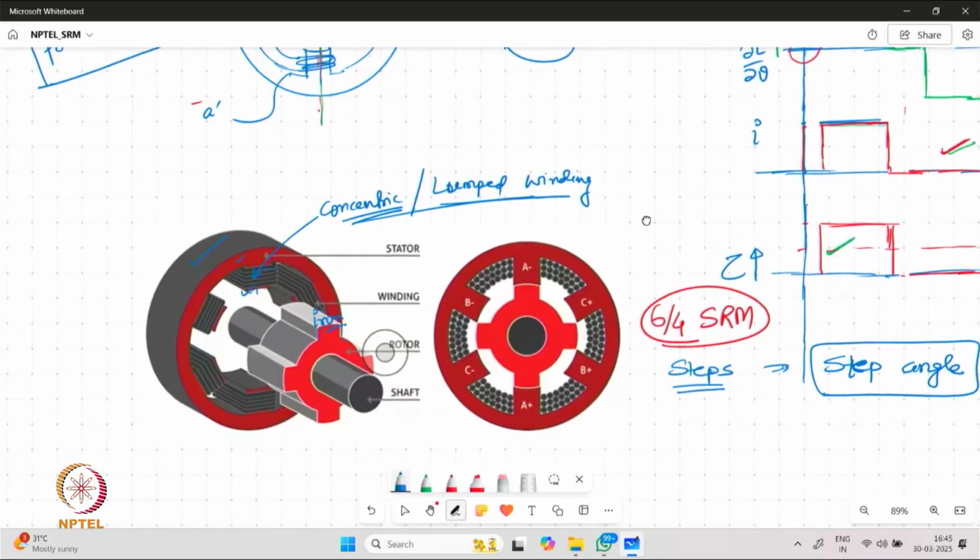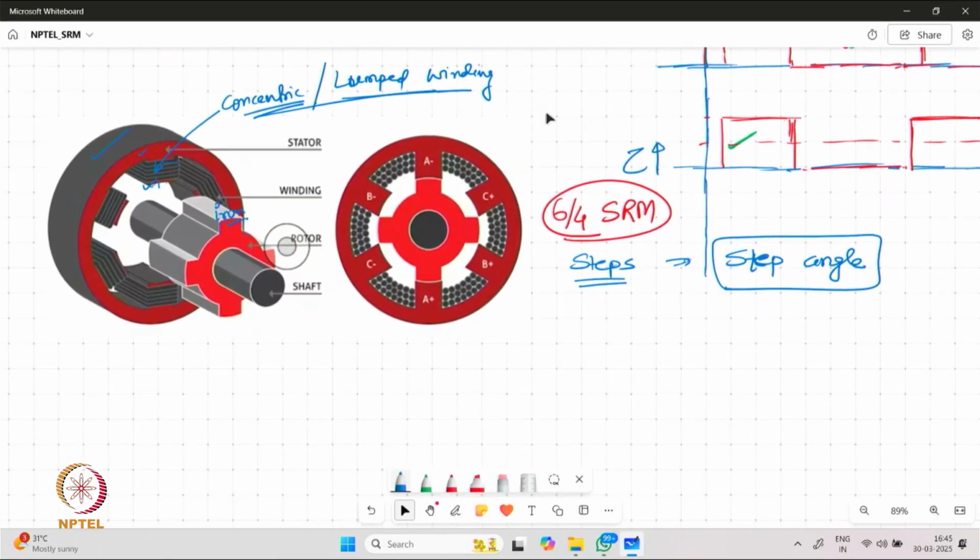On the other hand, when the ratio of Ns by Nr or Nr by Ns is not an integer, for example 6/4, the possibility of getting locked in one such situation is not there. So there are options available through which the machine can be excited and it will operate automatically, on its own.